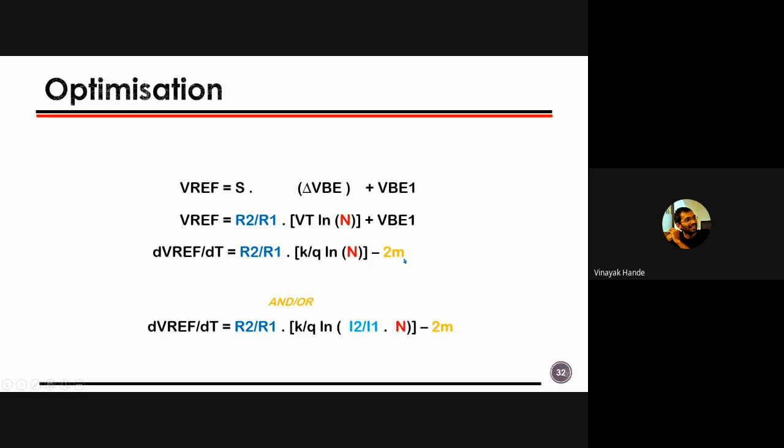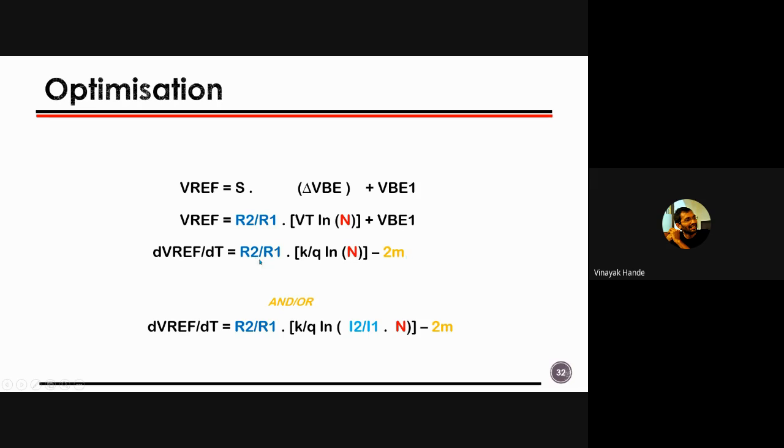Right? Why this slide is important is if somebody says that you cannot increase the scaling factor quite significantly, when somebody says that you cannot have S equal to 11, you have to reduce it to, suppose, 11 by 2, right? Then what do you have to do? We cannot do anything about the 2 millivolt number, because it is the slope of VBE1 with respect to temperature.